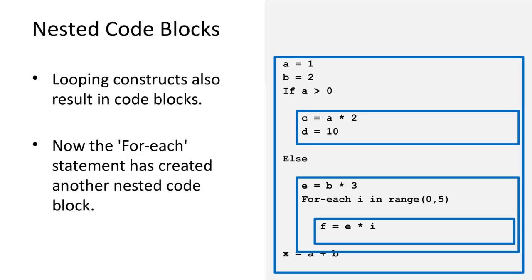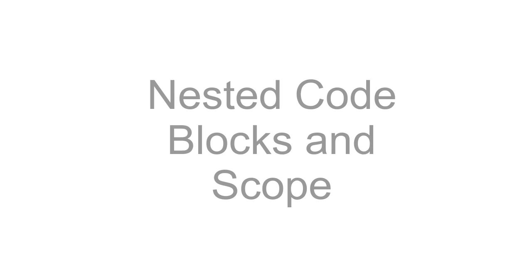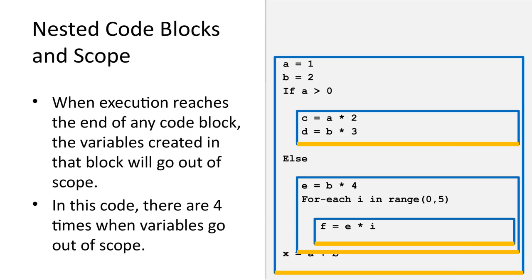Now let's have a look at what happens to our variables at the end of each of these code blocks. We have 4 code blocks. So there will be at least 4 times that execution reaches the end of a code block. In fact, it is more, since one of those code blocks is inside a loop.